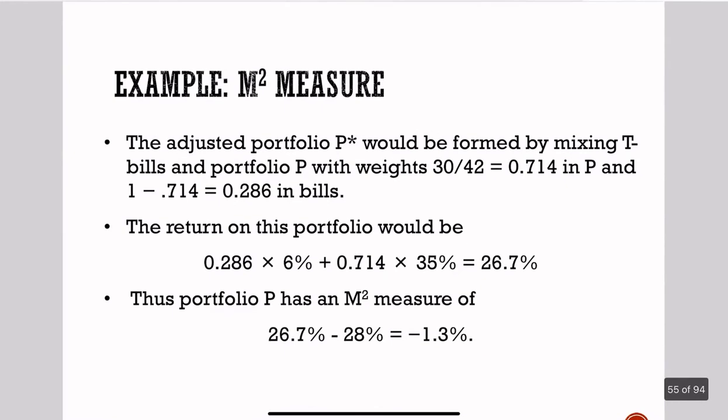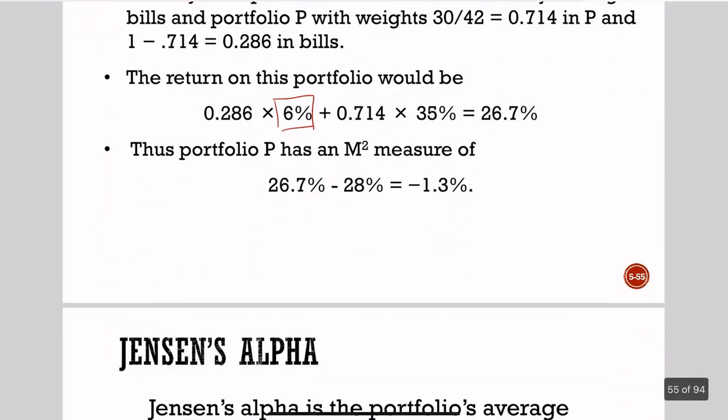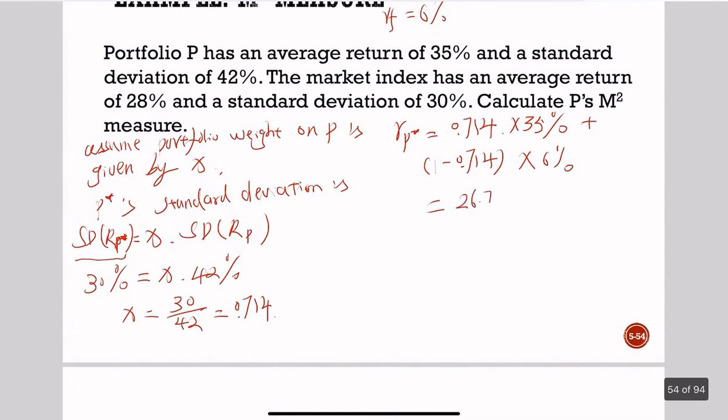I think something is missing here. Oh, we have the 6% risk-free rate. So we actually need this additional number. So risk-free rate is 6%. So this gives us a number of 26.7%.